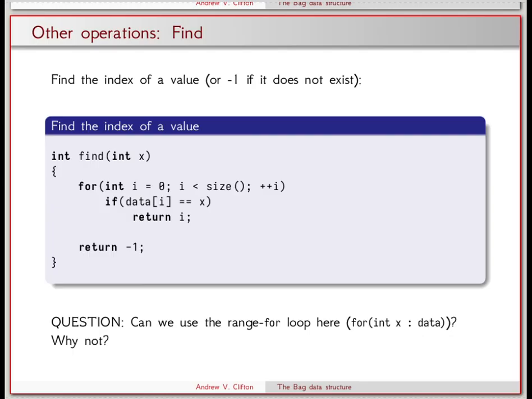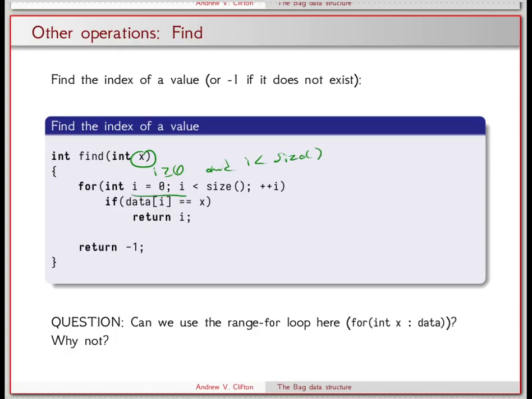And for our other operations, those do involve some looping, right? If I don't know where something is, because insert and erase shuffle things around, the only way to figure out where a particular thing is, is to loop over all the things and check each thing and be like, are you an X? Are you an X? Are you an X? That's just what this loop does. Again, all my positions i have to be greater than or equal to 0, and i has to be less than size.